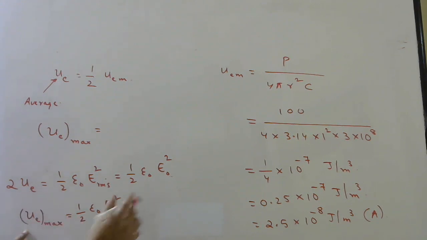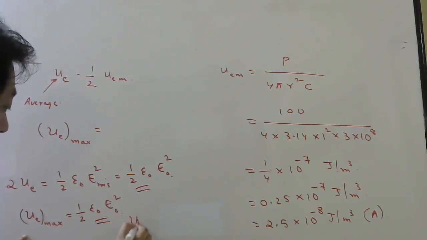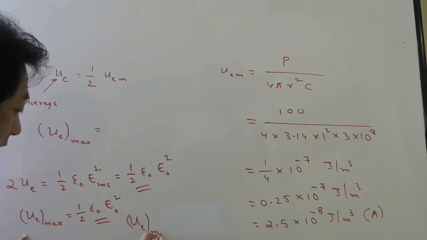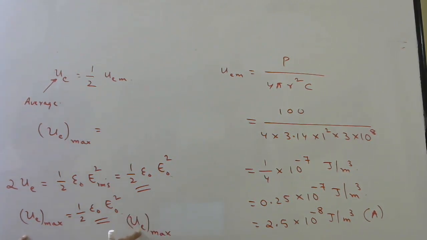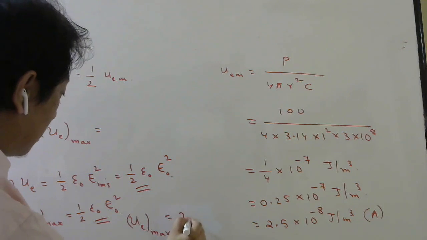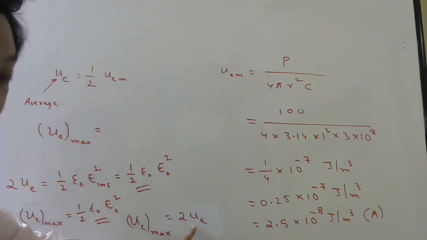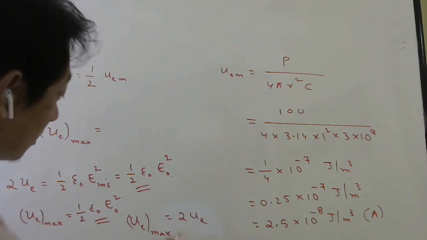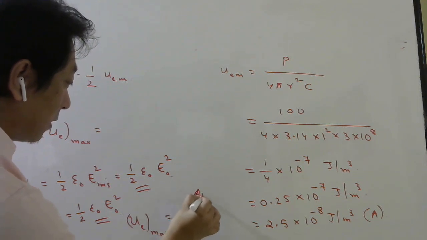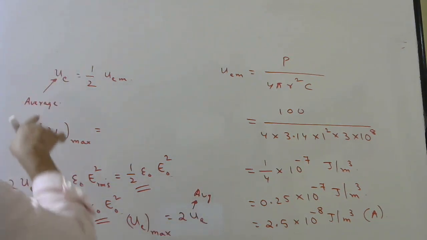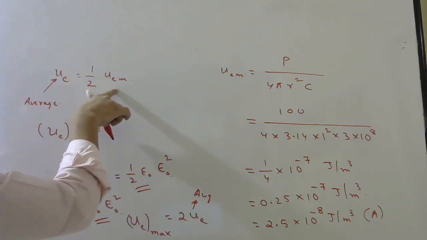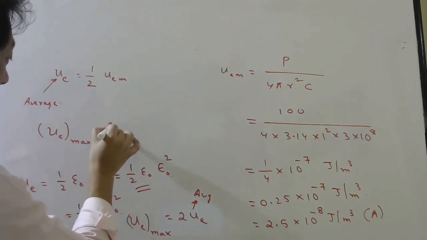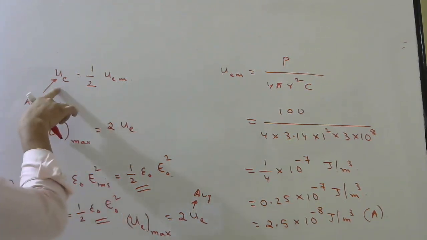If you compare this result with this result, what do you see, students? The maximum energy density in the electric field is twice the average energy density. The average was coming this much, so the maximum is twice the average.